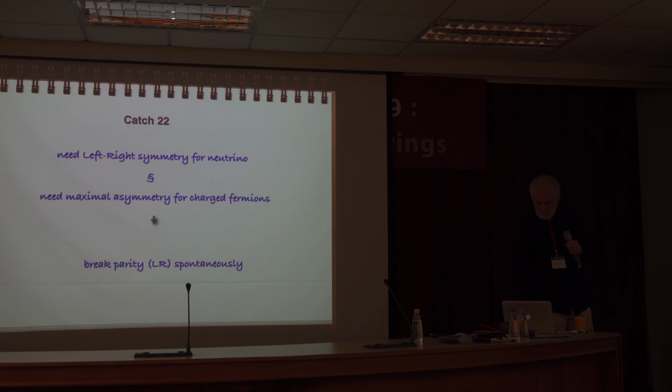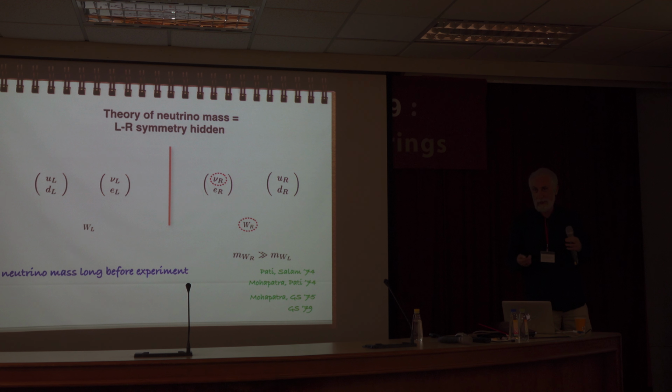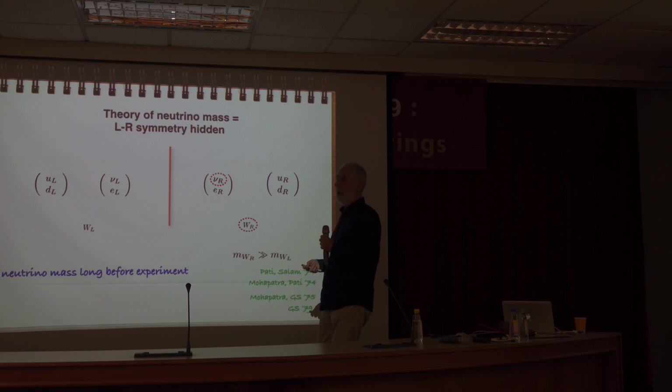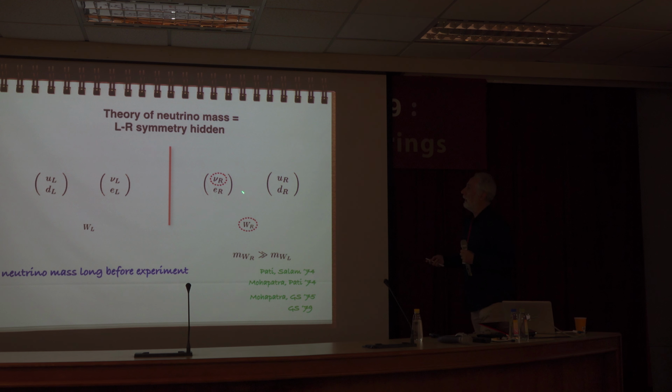I'm just telling you from the historical perspective of you and me thinking about this today, it actually happened the other way around in the 70s. Some of us imagined that the world was left-right symmetric, with simply having a right-handed scale.